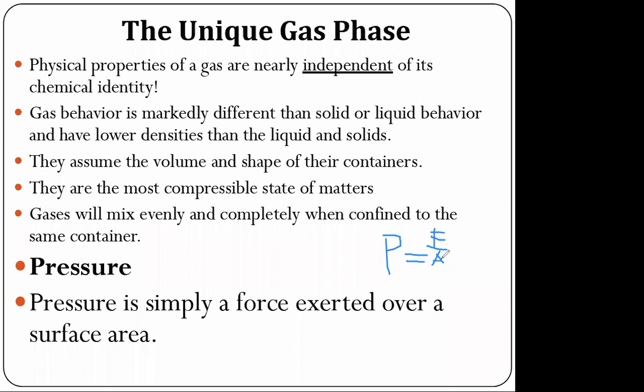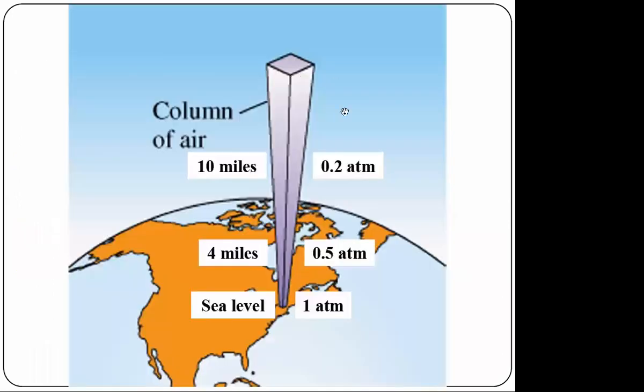Now, when you apply the force, it reduces the space between particles, and you have that compression effect on your material. To understand what we are talking about, we can use the atmospheric pressure. As a result of the volume of air in the atmosphere, there is pressure exerted on the earth by that volume of air.